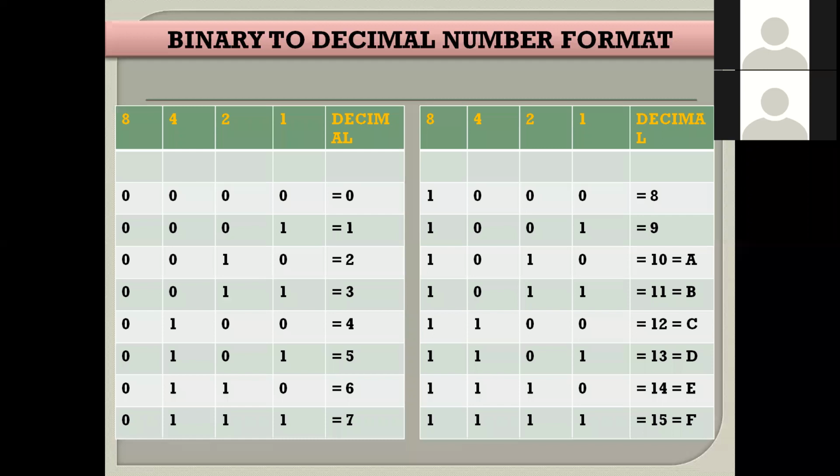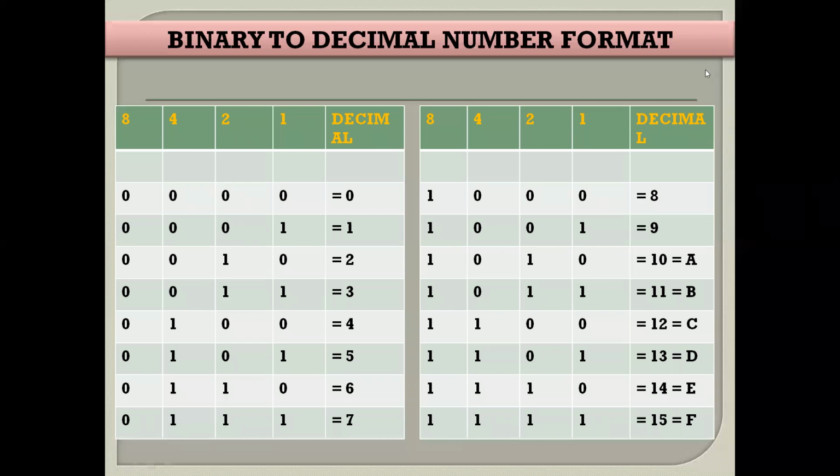Now see, binary to decimal number format. As we know, whatever numbers we are using in our system are in binary form. For our number representation, we are going to use the weightage 8421, and with that 8421 we have to calculate our number.